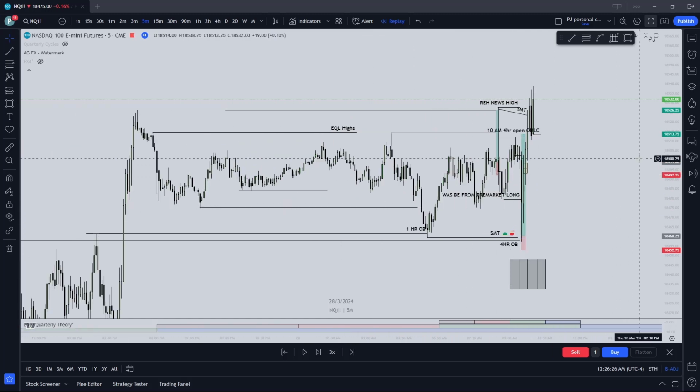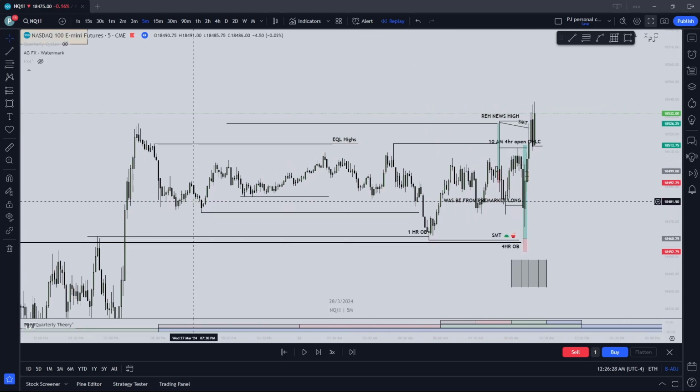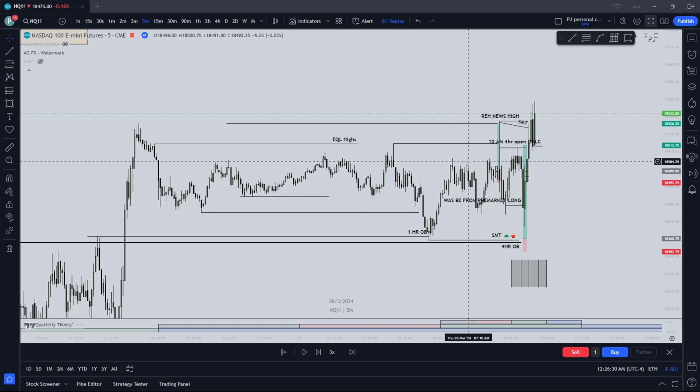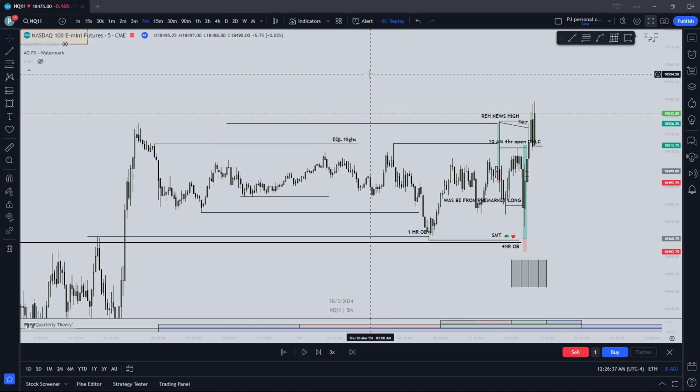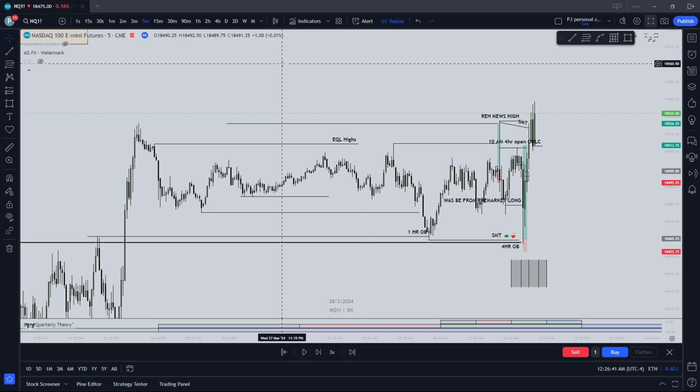You can also see within this first long here, what I could also see was a small market maker model, right? You can have market maker models on the 1 minute. You don't always have to time a 4-hour PDA with a 15-minute market maker model.